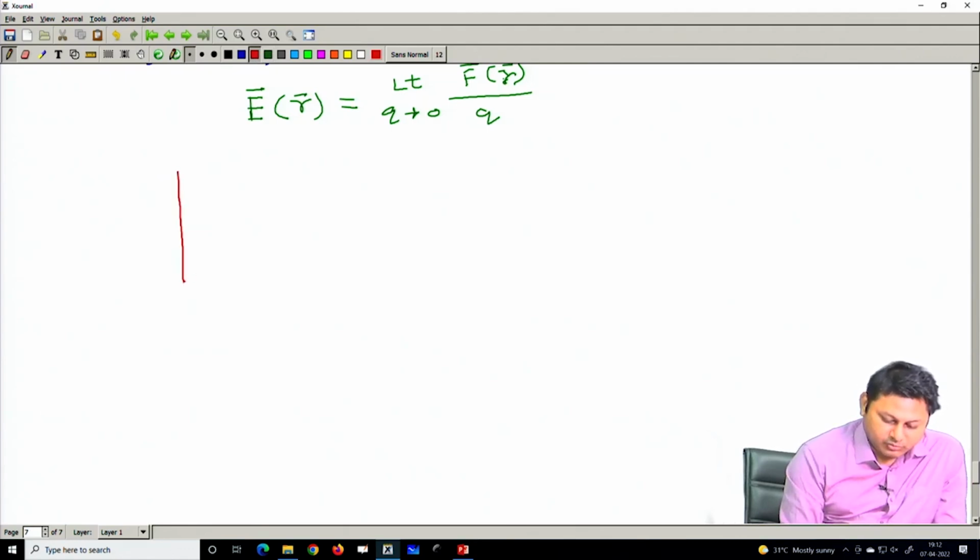Now, if I want to find out the field between two discrete points like the force we calculated earlier, it will be something similar.